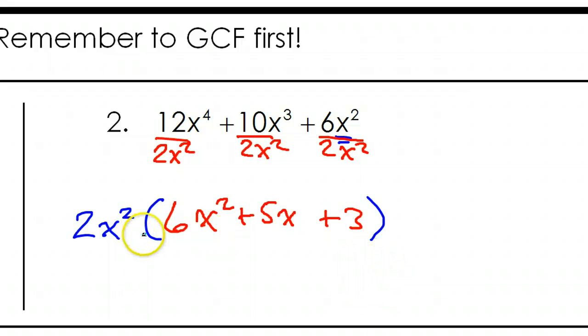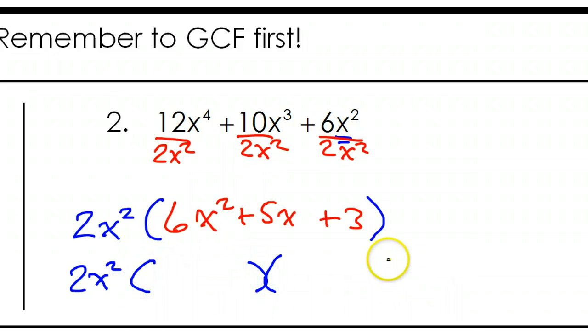So I have this. Now, this red trinomial looks like it might be factorable further. So I must try, because we have factored things that look similar to this before. So as I continue, and I don't just stop here, I have 2x squared, and then I'm going to try to factor this red stuff down.